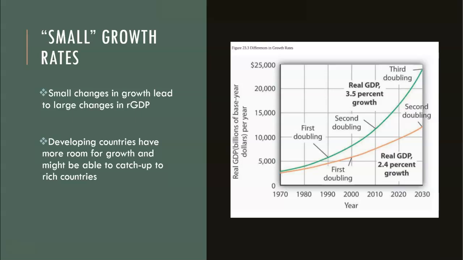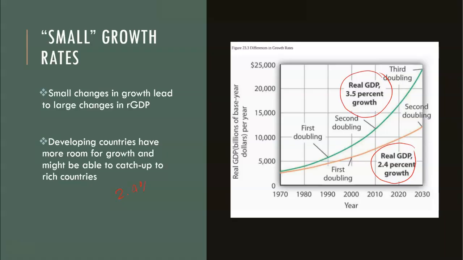In this graph here, it is showing 2 countries, 2 economies that have different growth rates. Our economy on the bottom, represented by this orange line, has a real GDP growing at 2.4%. Our upper economy, this green line, has real GDP growing at 3.5%. And so, normally we might not think that that's very big of a difference.